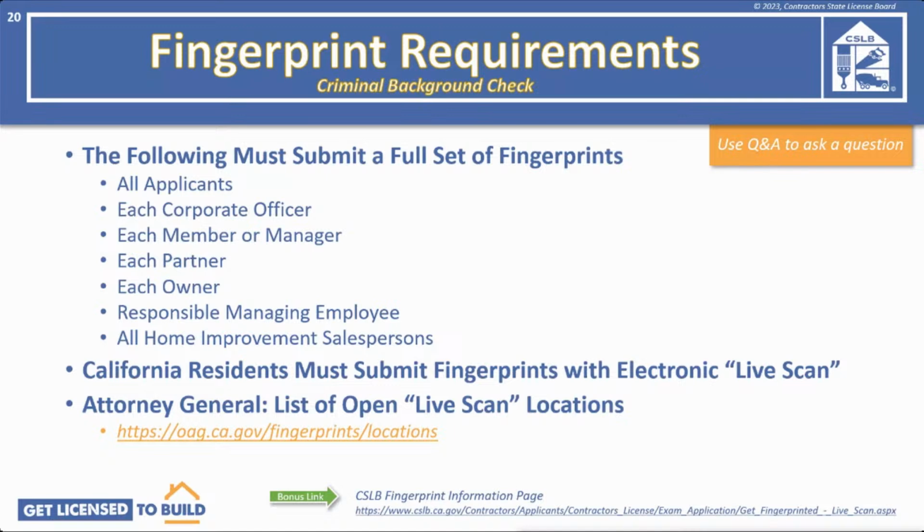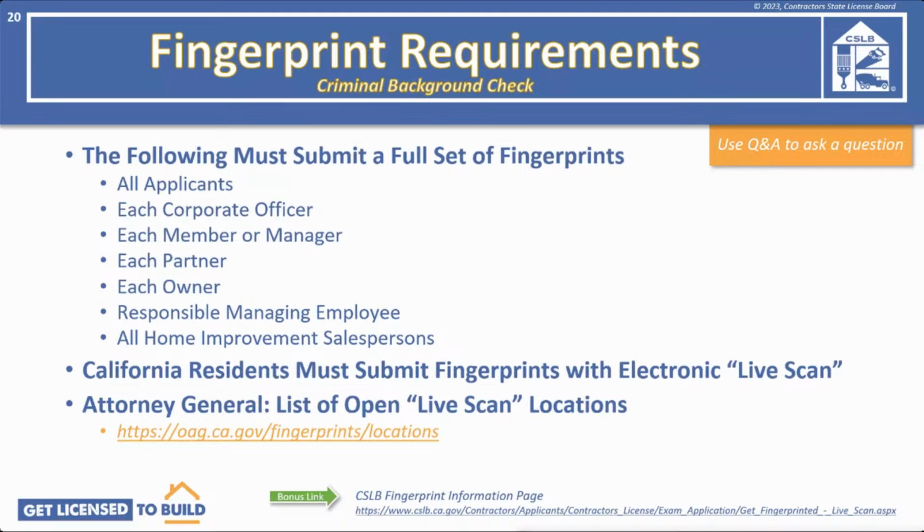If you're in California, you must submit fingerprints electronically with what is called live scan. You can get an updated list of live scan locations in California broken down by county on the Attorney General's website. We have a link here so you could simply go to the Attorney General's website and search for live scan. You will also see we have a bonus link at the bottom of the screen to the fingerprint information page on our CSLB website.